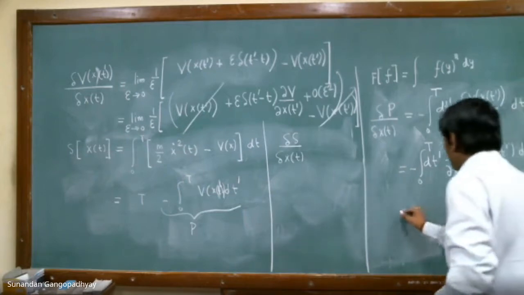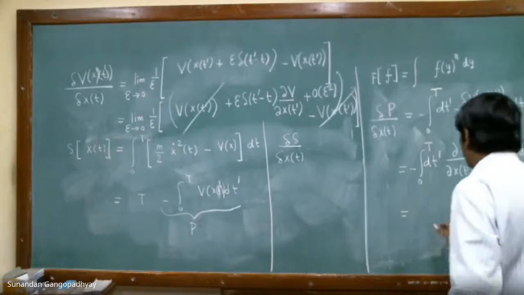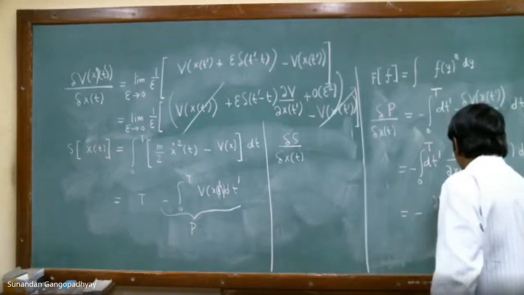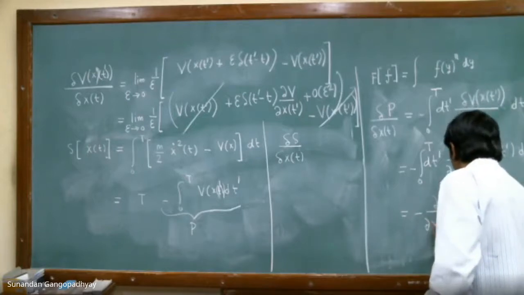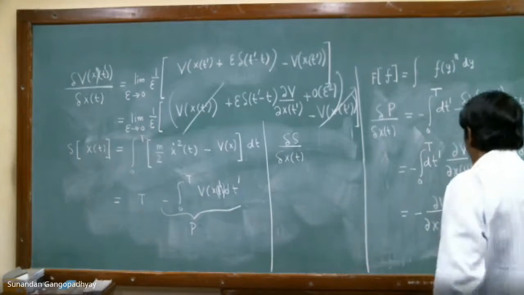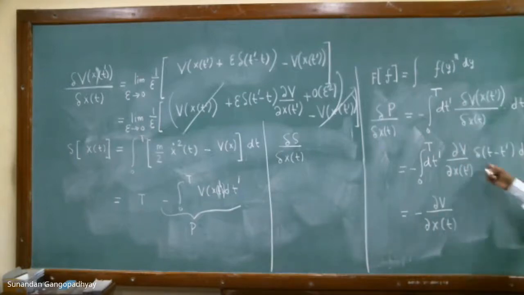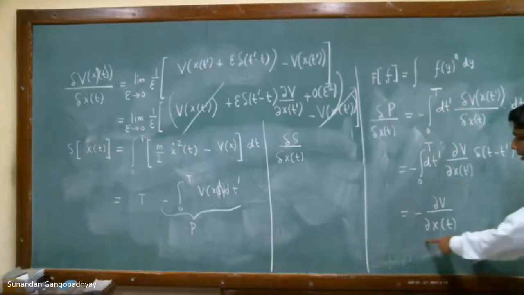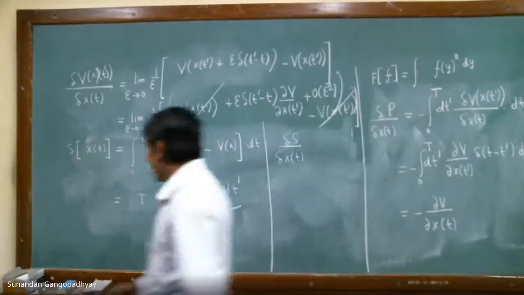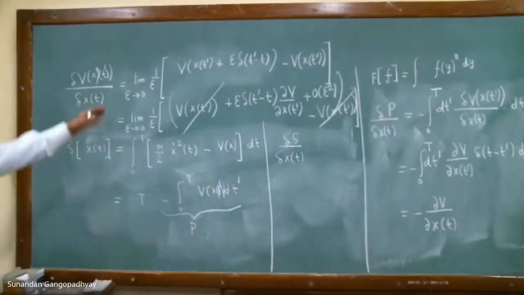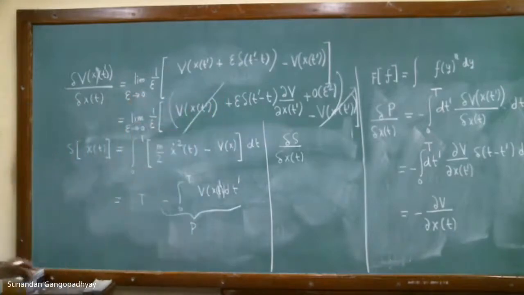You can now perform this delta function integration. If I perform this, I will get del v del x. So performing the delta function integration gives you this. So the second term follows immediately from the calculation that I did earlier.